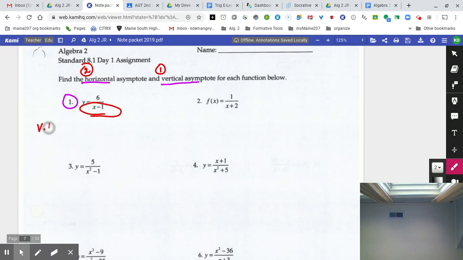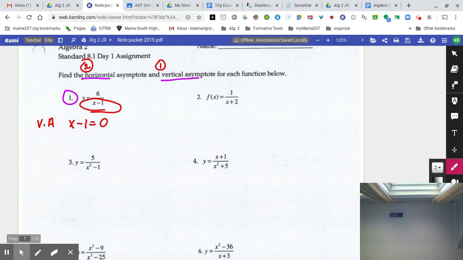So my vertical asymptote comes from x minus 1 equals 0. What value of x would give me a 0? If I set it equal to 0 and solve, I find that my vertical asymptote is x equals 1. That's the excluded value from the domain, and remember that the denominator controls that.